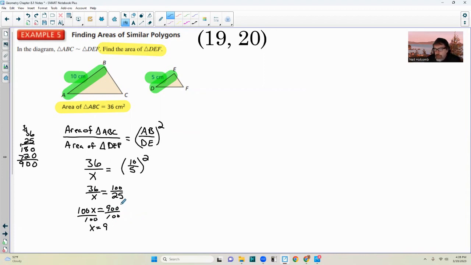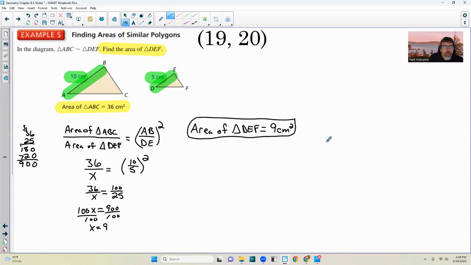So the area of triangle DEF equals 9 centimeters squared. There's my answer. You should always give the answer with your unit of measure. Centimeter squared, centimeter squared.